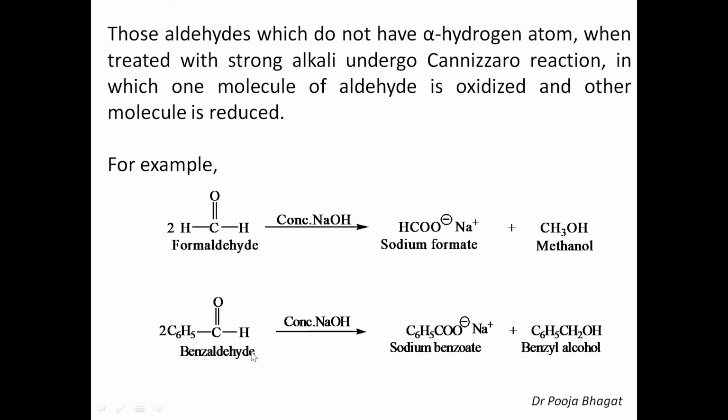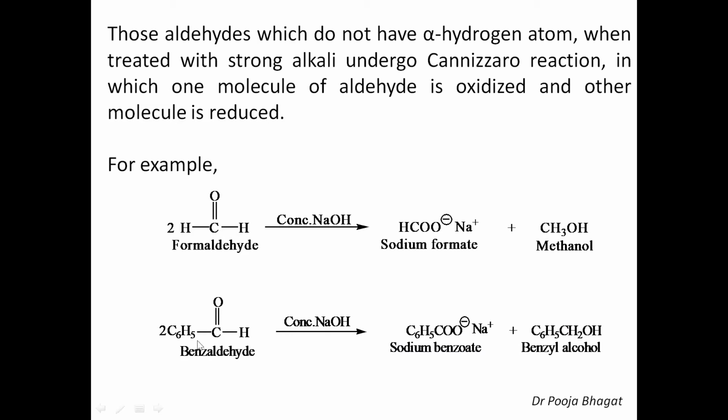Another example, this is benzaldehyde. So benzaldehyde undergoes Cannizzaro reaction to give this aldehyde into acid, and that too sodium salt since medium is basic. So benzaldehyde will give benzoic acid, but since the medium is basic, so it is sodium benzoate. Salt of the benzoic acid is sodium benzoate.